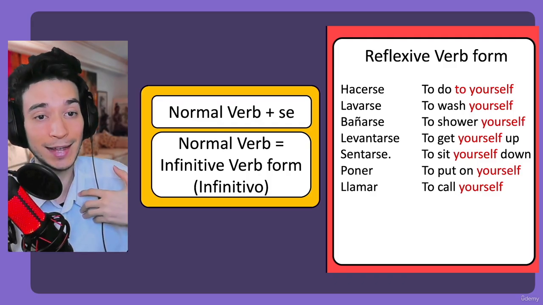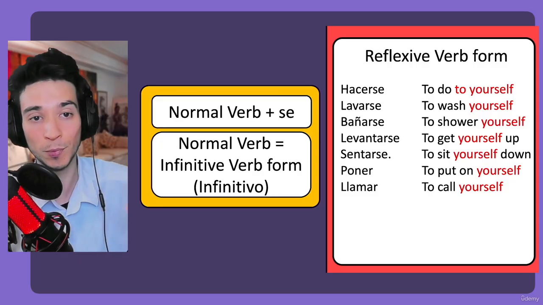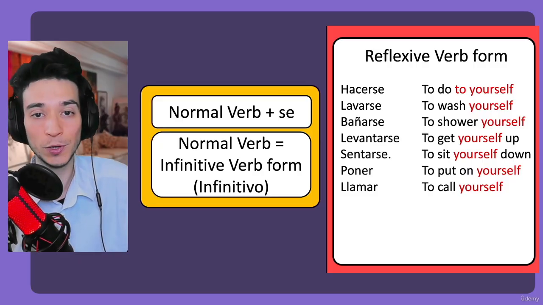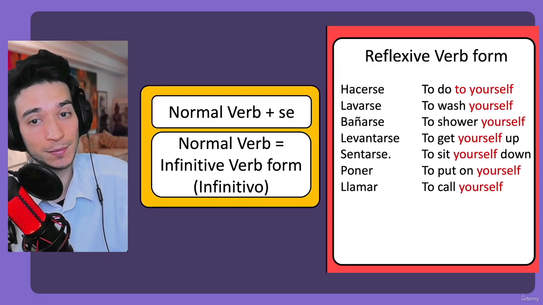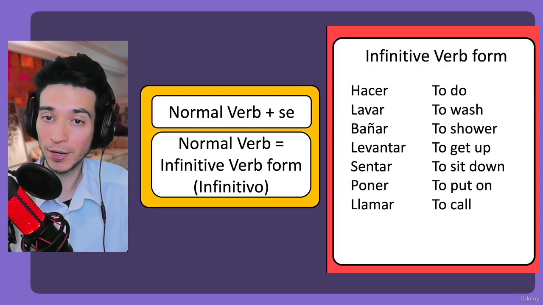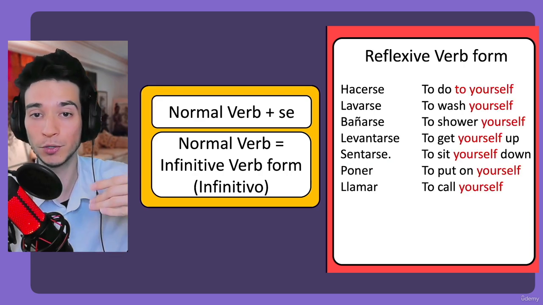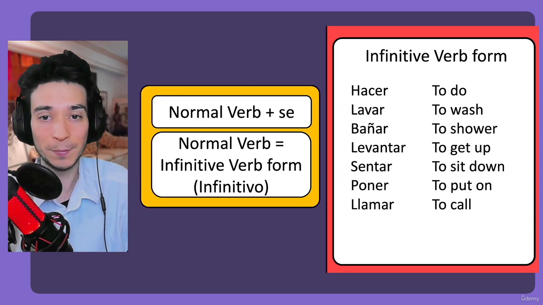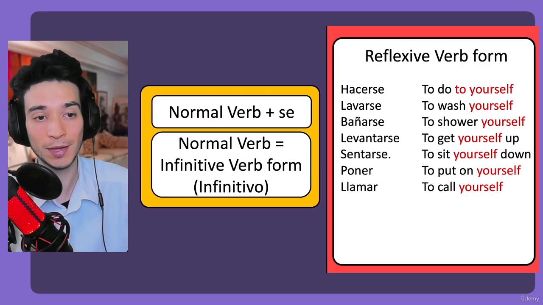So levantarme: me because it's myself, se is because it's the normal form. We also have sentarse, to sit yourself down. Poner, to put on, and ponerse, to put on yourself. Llamar, to call, and llamarse, to call yourself.